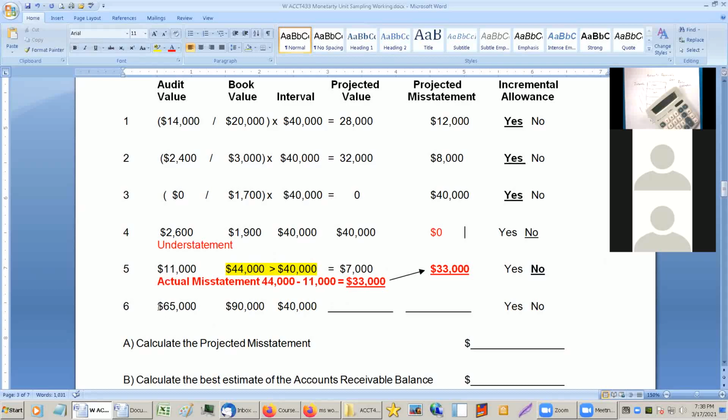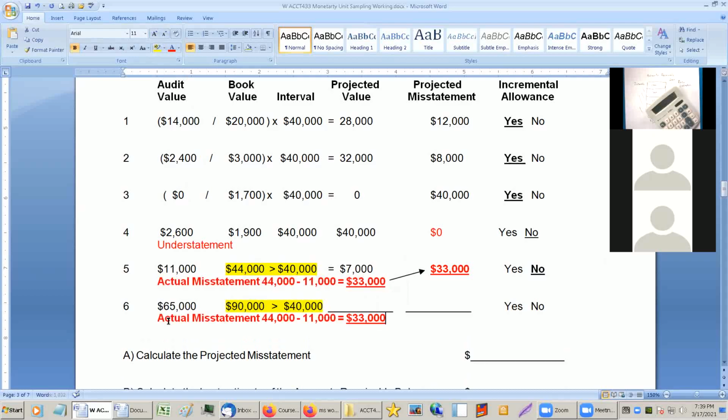And the same thing is true down here. The 90,000 would certainly cross 2 intervals. May have crossed 3. So again, you just put the actual misstatement down, whatever it is. 90,000. 65.